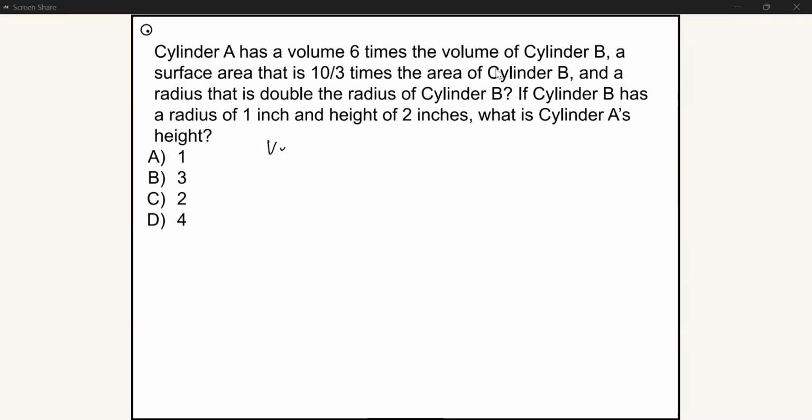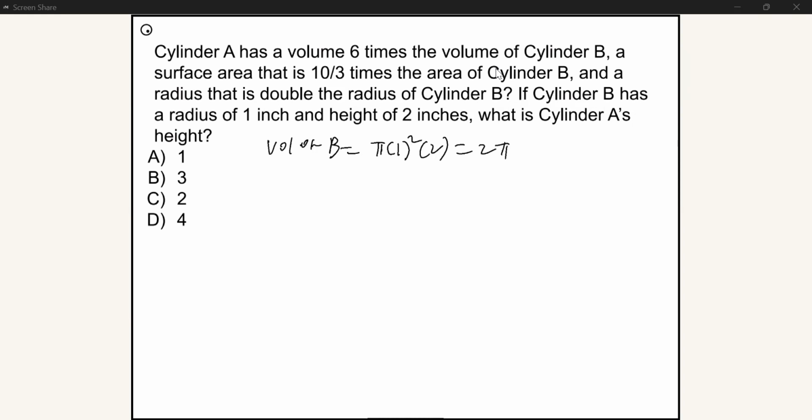So volume of B equals pi r, which is 1 squared, times height. And that gets me 2 pi. Okay.